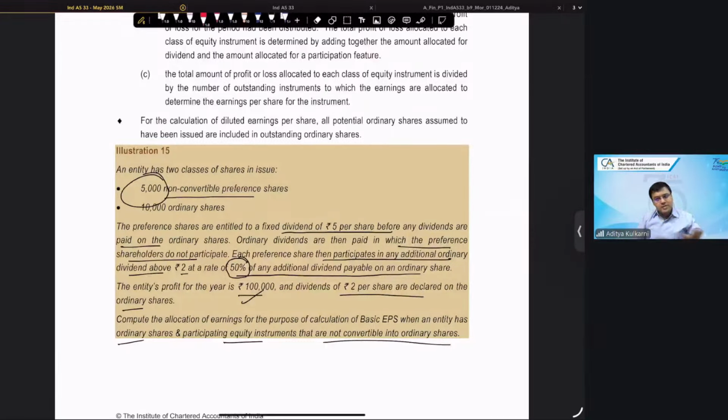So 2 rupees we set aside. Out of that 55,000 rupees, participation is at a rate of 50% of any additional dividend payable on the ordinary share. You're able to follow? Yes, sir, now I got it. So that 2 is removed out, we scoped it out before.